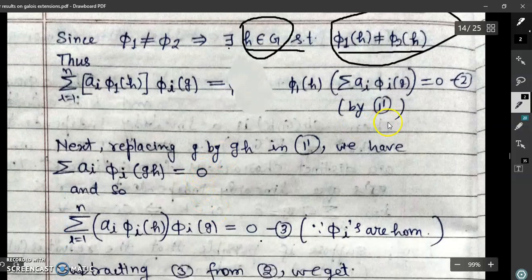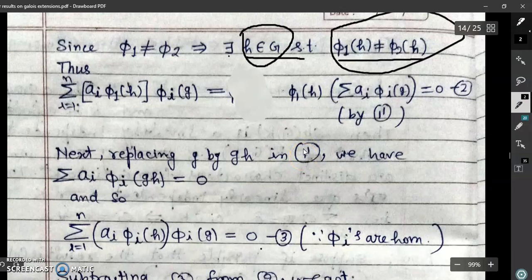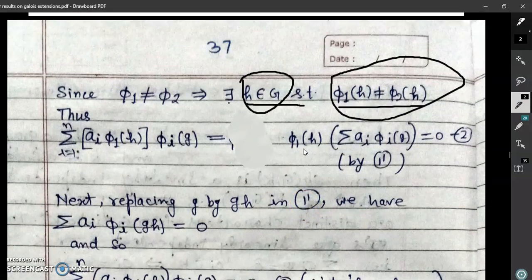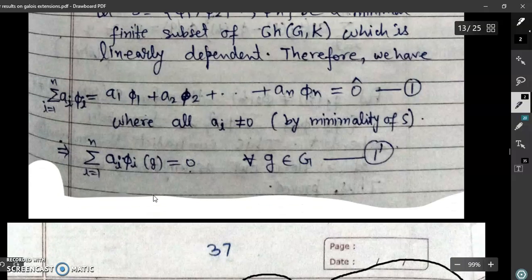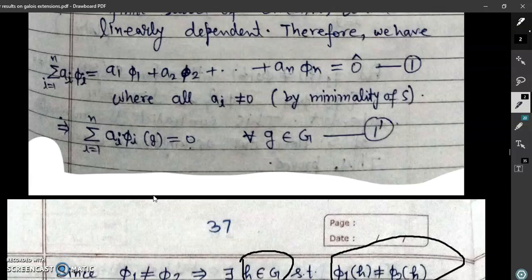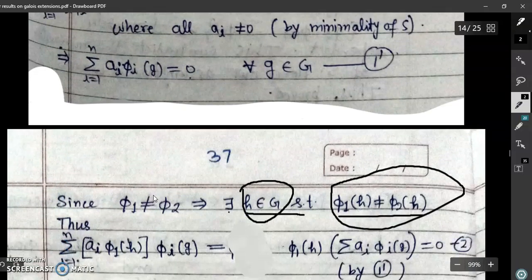Next, replacing g by gh in 1 dash and using the property of group homomorphism, phi i of gh can be written as phi i g into phi i h.